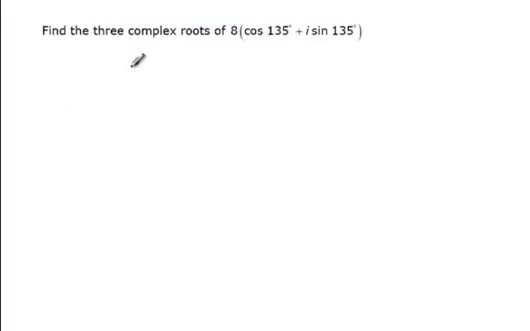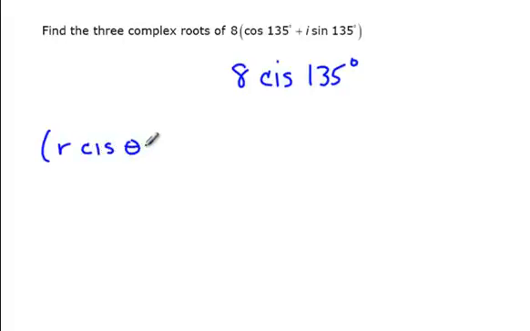Find the three distinct complex roots of 8 cosine 135 plus i sine 135, or how I'm going to think of it is 8 cis 135. So we're being asked to find the three complex roots of this complex number. So somewhere out there, I know there must be three complex numbers in the form of r cis theta, such that when I cube them, cube roots, I will get 8 cis 135.